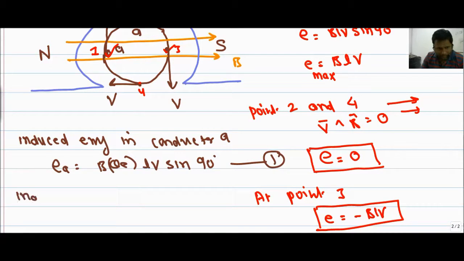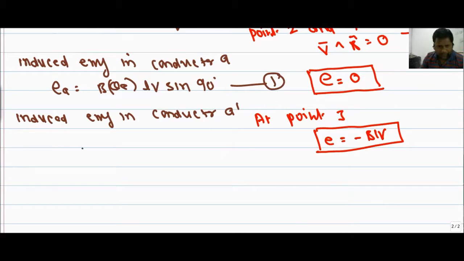Similarly, the induced EMF in conductor A dash should be E dash equals B L V sin (theta plus pi).